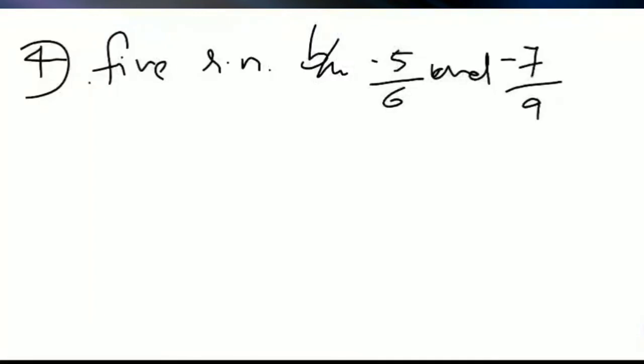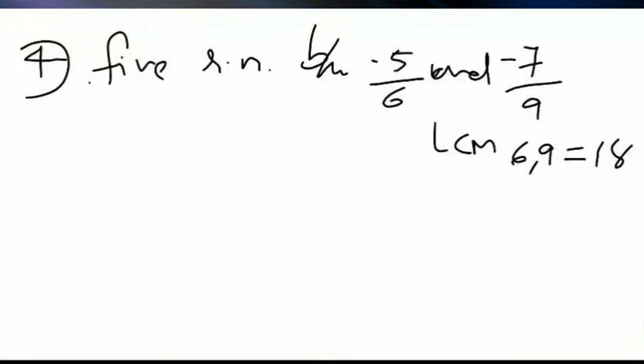Here we know they are not like fractions. First we have to make them like. How? We have to find the LCM. What is the LCM of 6 and 9? We know that is 18, right? So we make the denominator 18.